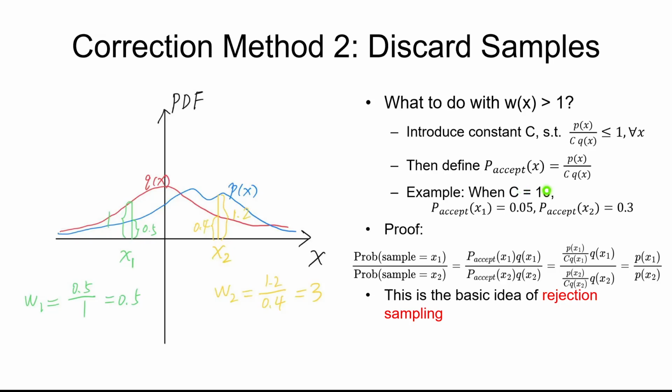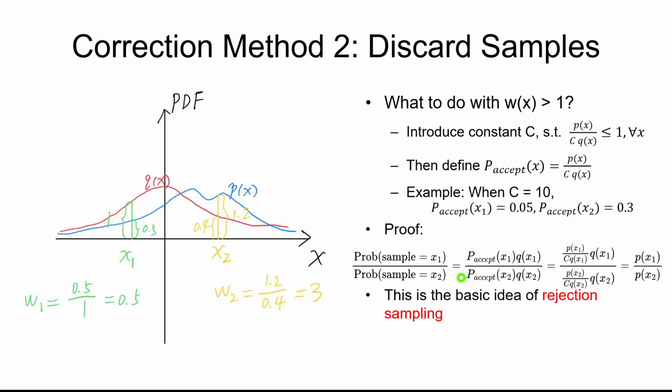To do this, we can introduce a constant c such that for all x, this ratio p(x) divided by c q(x) is smaller or equal to 1, so that we can define the probability of accepting the sample to be this value. So for example, in this case, we can define c equal to 10, such that the probability of keeping x1 equals 0.05, and the probability of accepting x2 is equal to 0.3.